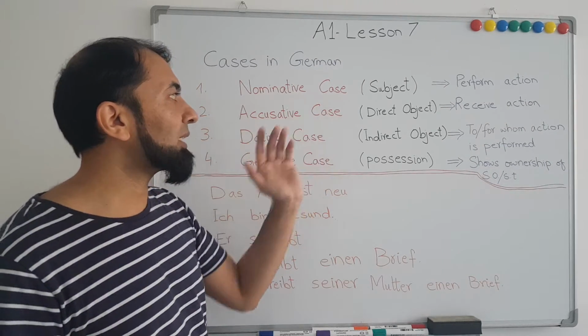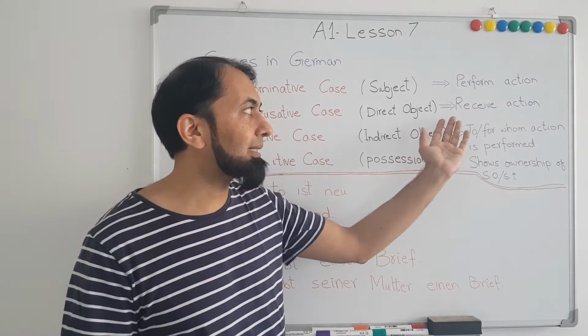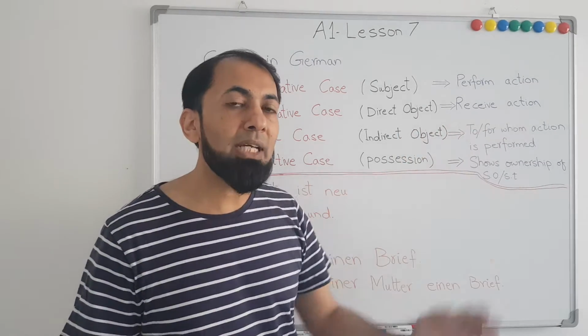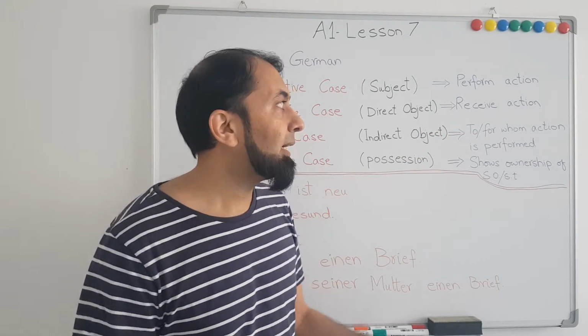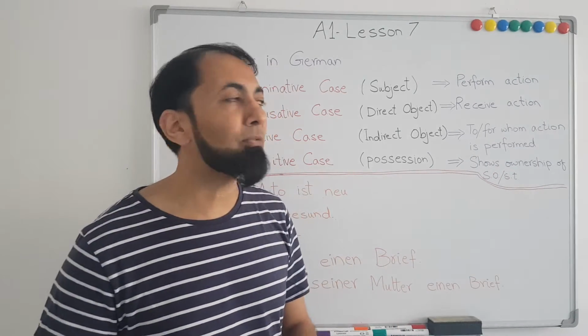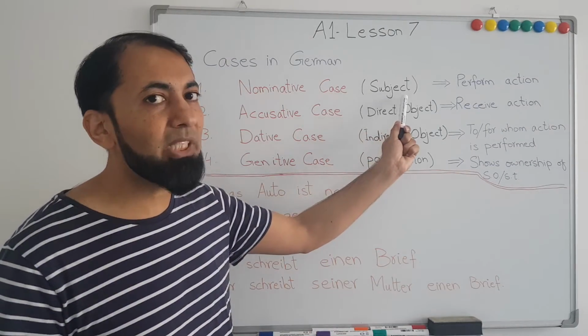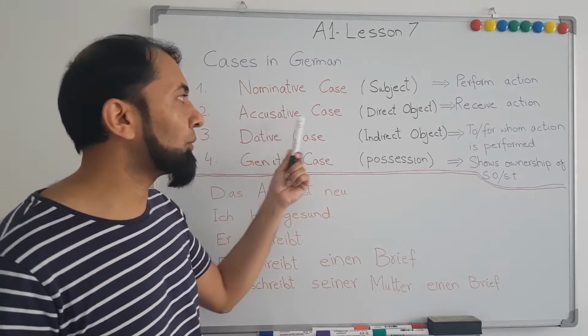Then we have the accusative case, which is the direct object of the sentence. And how do we identify this direct object? Anything that is receiving the action which is performed by the nominative case or the subject, that is called accusative.